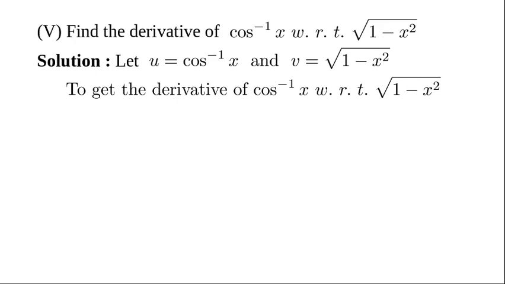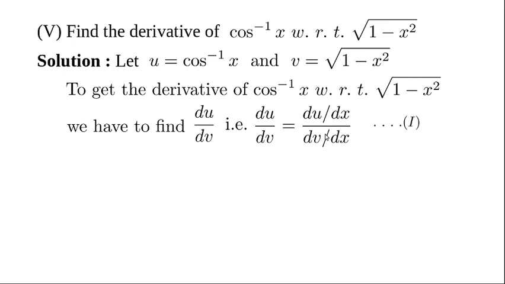So we have to get derivative of cos inverse of x with respect to root of 1 minus x square. Means I have to get derivative of u with respect to v. That is, we have to find du by dv, because this is u, this is v. And that is nothing but du by dv equal to du by dx upon dv by dx. Because u is a parametric function of x and v is a parametric function of x.